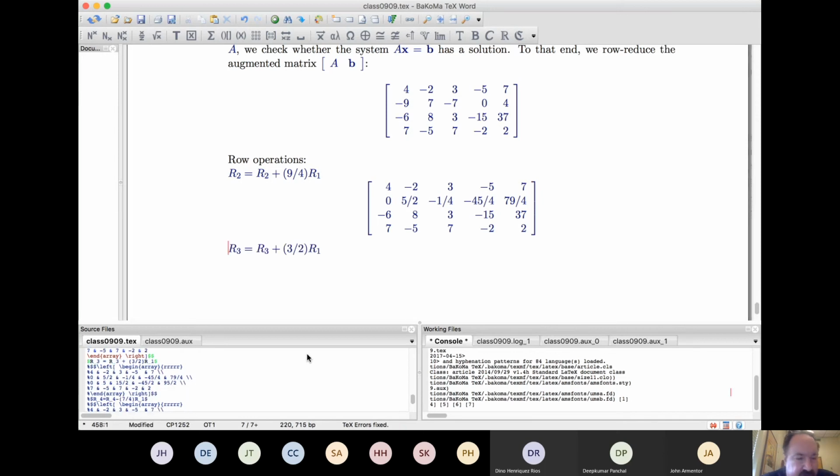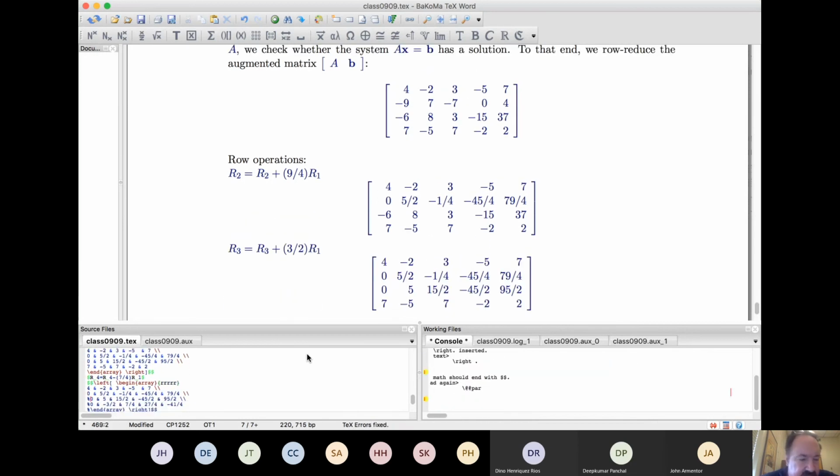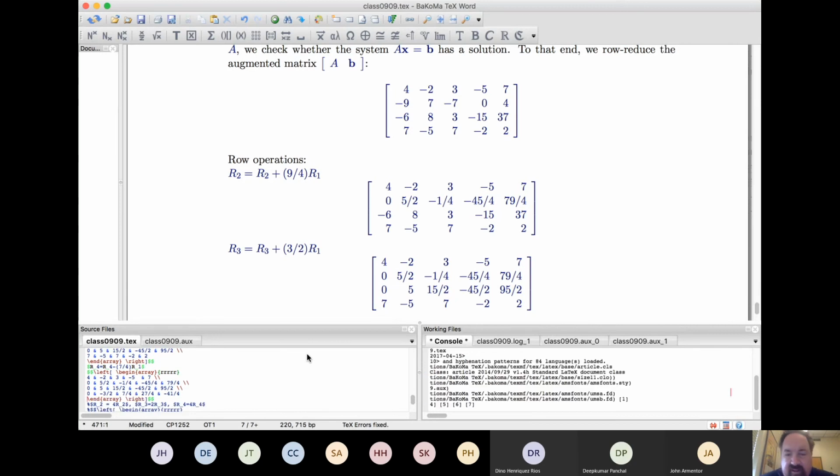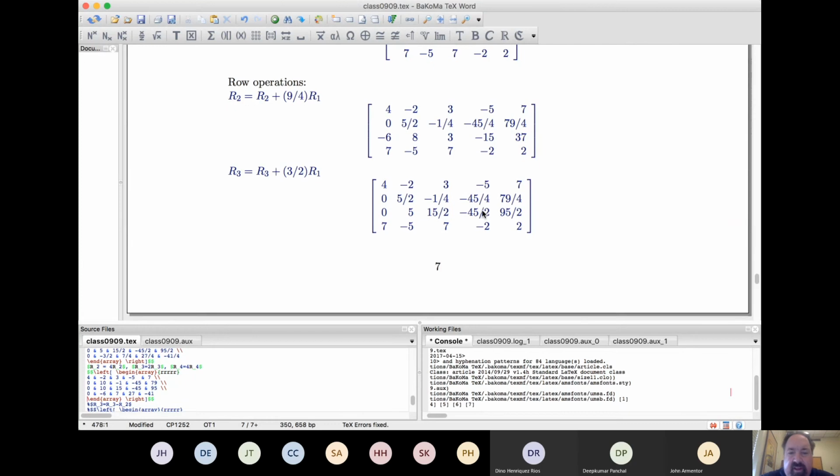But first, I want to get rid of all the elements in the first column that need to be eliminated. Okay. And finally, this one.